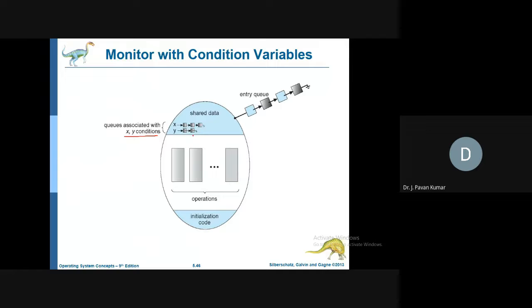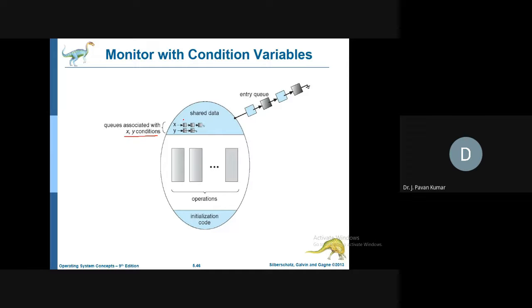It is like earlier, where we saw that we can have several semaphores, and for each semaphore a blocked list of processes. Similar to that, here we have conditions. These conditions can be utilized to make the corresponding process wake up.